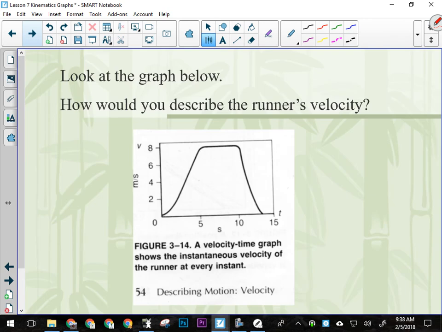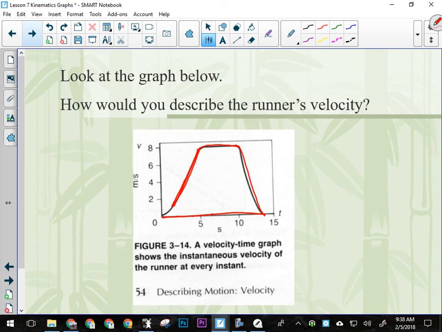All right, this is a velocity versus time graph. In this first part of the graph, what's the person doing? They're accelerating. They're going faster and faster. Here they're traveling at a constant speed, and now they're not just slowing down, they're actually coming to a stop, right?